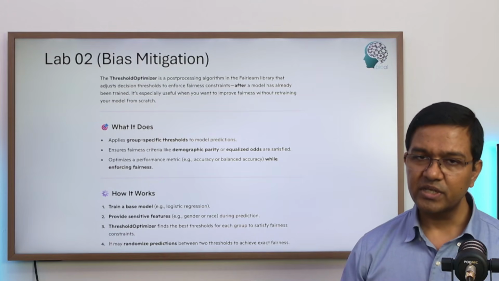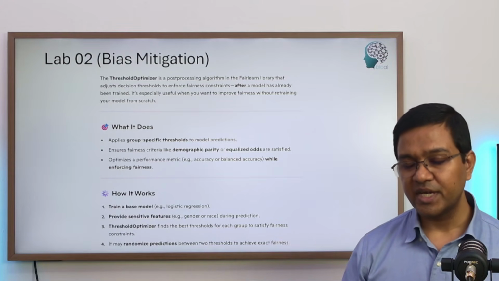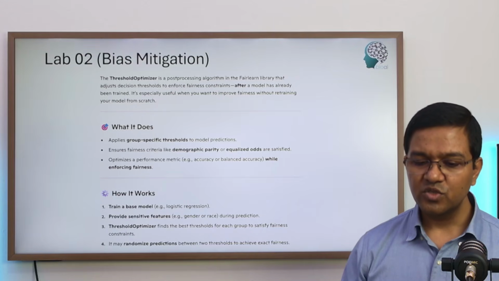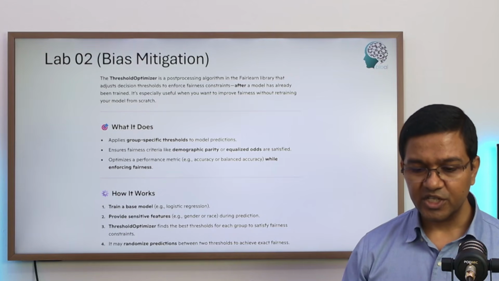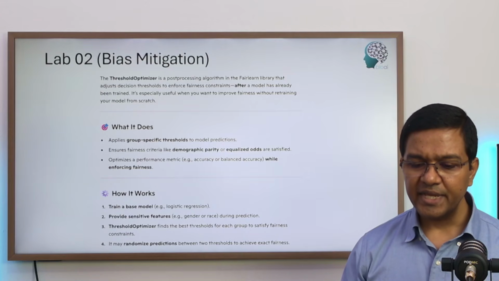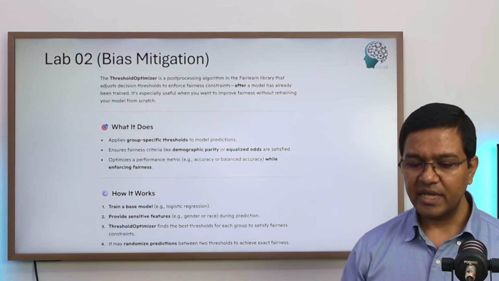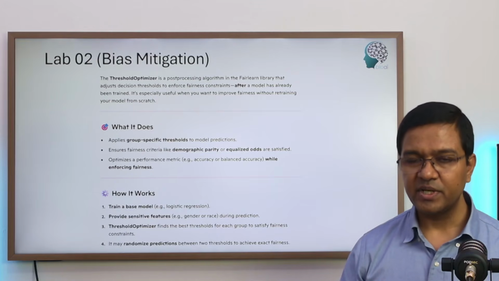We know that there is bias across the groups, so we can apply a group-specific threshold to the model prediction, and ensure fairness criteria like demographic parity or equalized odds, while optimizing the performance metric under the fairness enforcement.